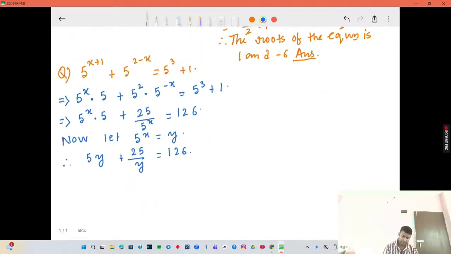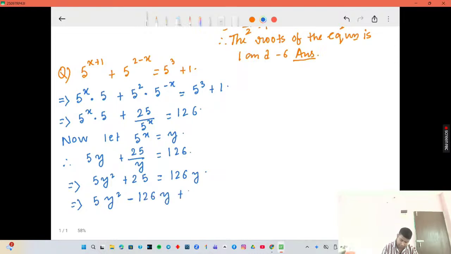So now how to solve this equation? 5y square plus 25 is equal to 126y. Okay, then 5y square minus 126y plus 25 is equal to 0.